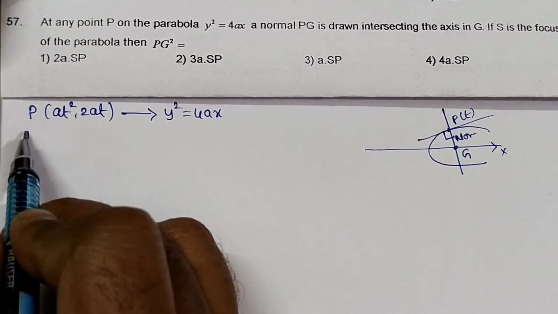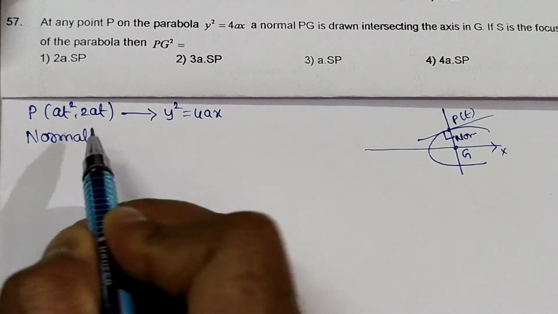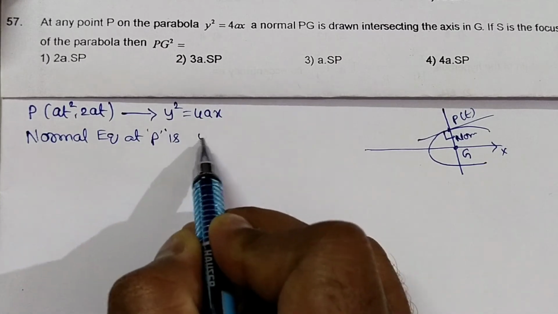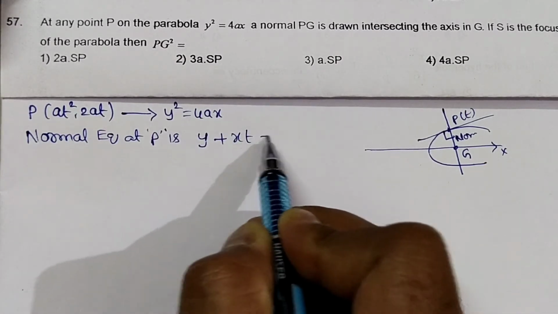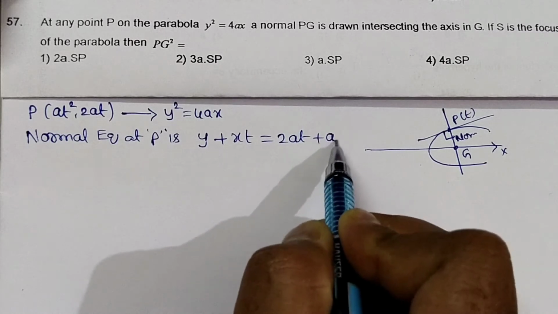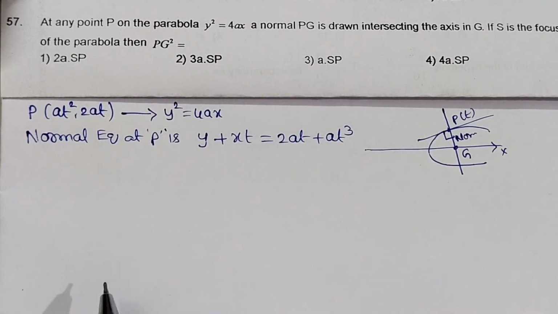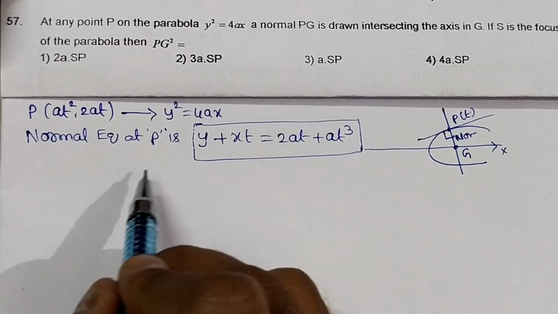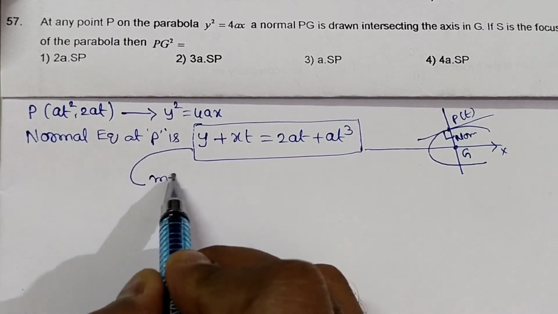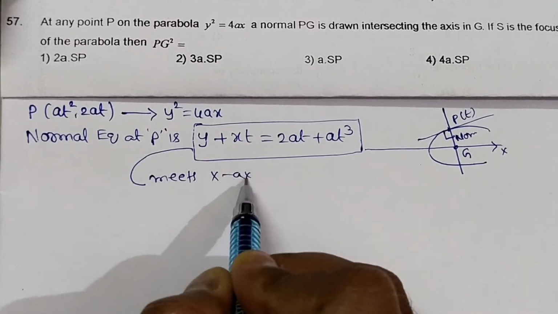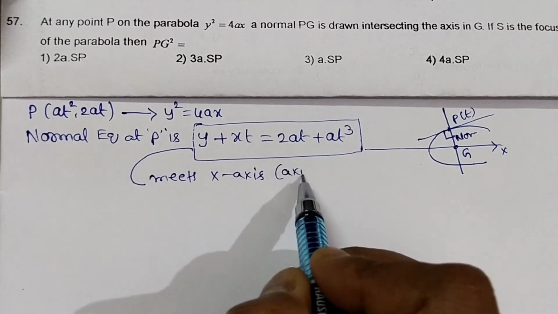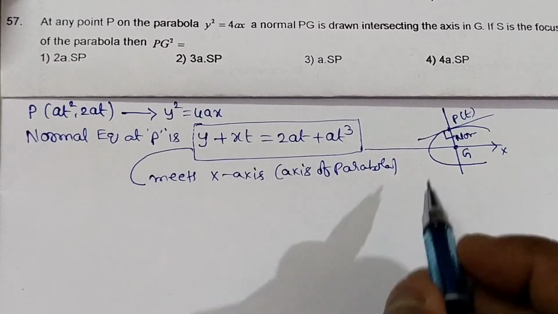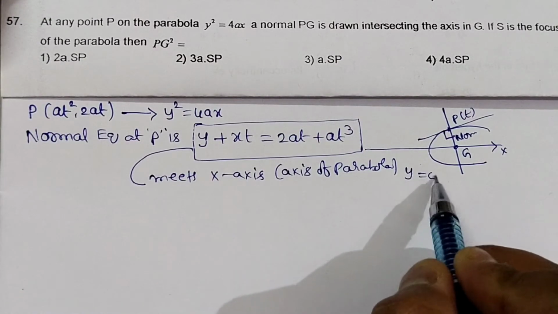So the normal equation at P is y plus xt equal to 2at plus at cube. This equation meets the x-axis, meaning the axis of the parabola, so y is equal to 0.